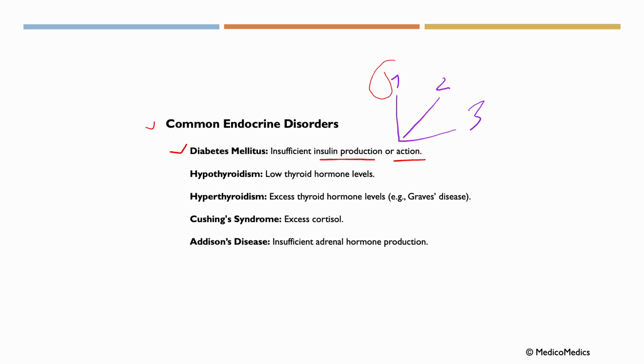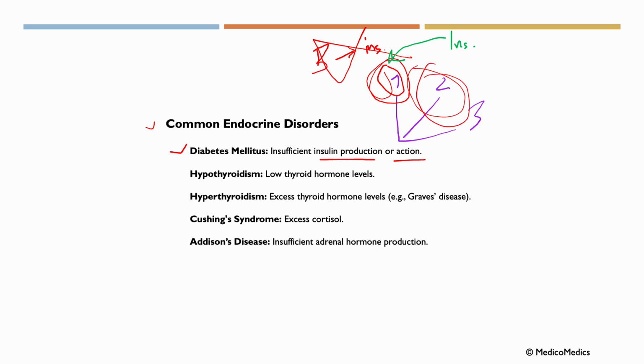Most commonly, type 1 and type 2. What differentiates them mainly is that in type 1 diabetes, we mentioned the beta cells of the pancreas producing insulin. Patients who have type 1 diabetes do not have production of insulin, so they are insulin depleted. And the treatment then would, as you've probably guessed, be to give them insulin.